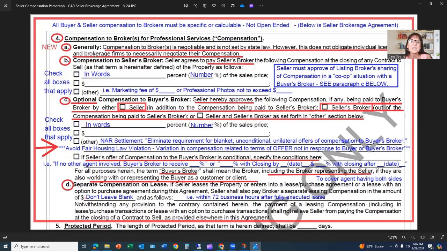And that percent would be different than what the seller had agreed to up here in paragraph C. Or another condition could be something such as the seller will pay from the seller side, either from you as the seller's broker or from the seller directly, will compensate the buyer's broker a certain percent of the sale price with the closing by this date, and a different percent of the sale price with the closing by a different date.